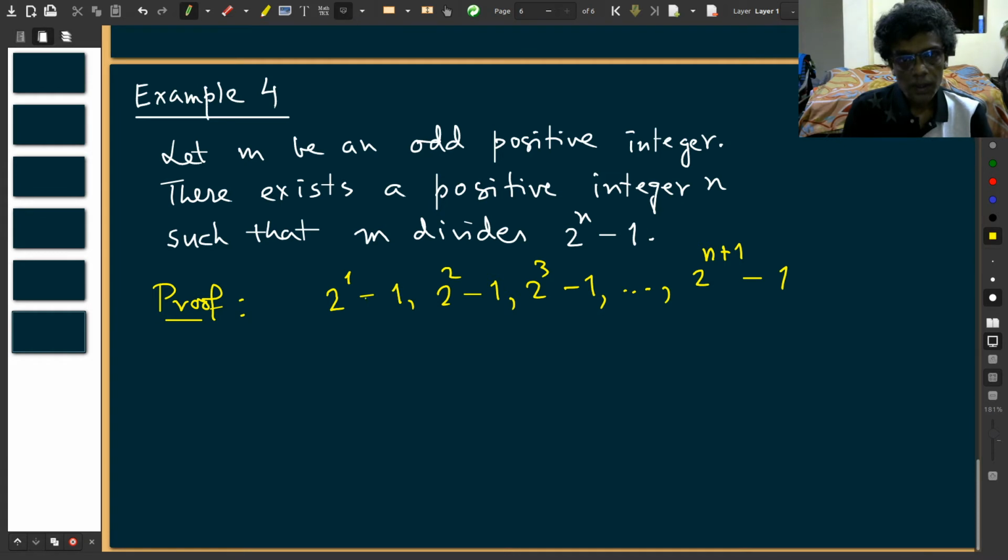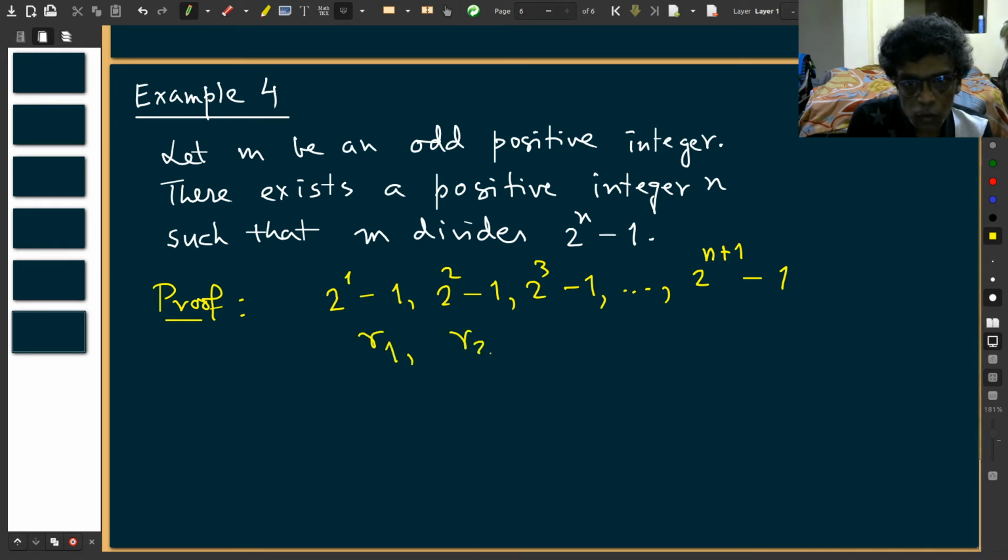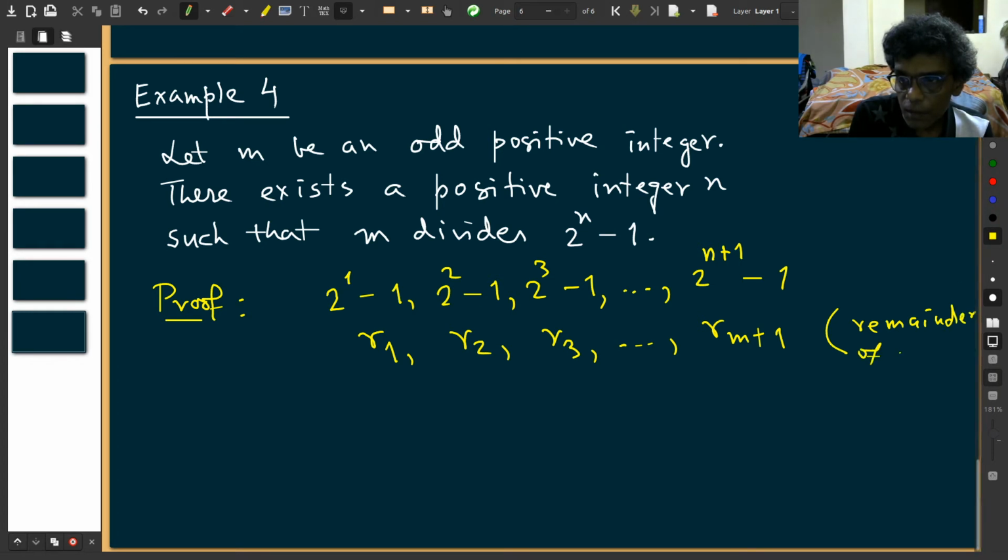Okay. So as I did in the last example, I divide all these things by m and consider these remainders R1, R2, R3, up to R(m+1), the remainders of Euclidean division by m.